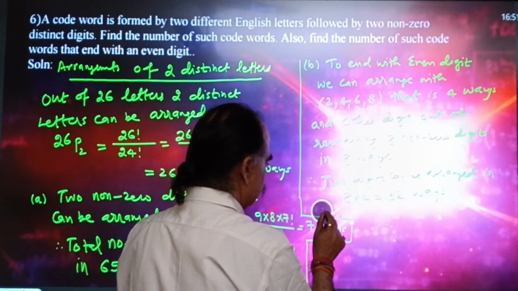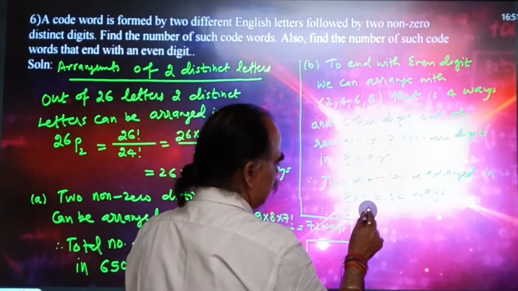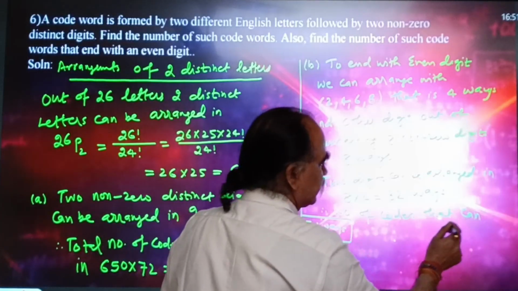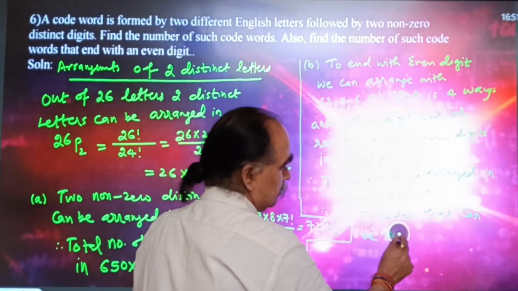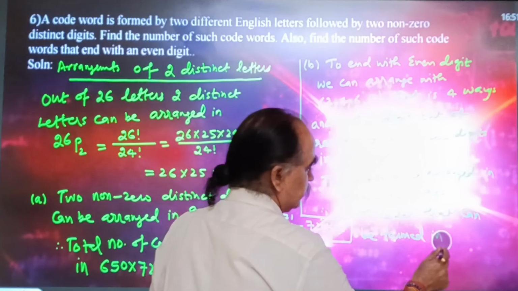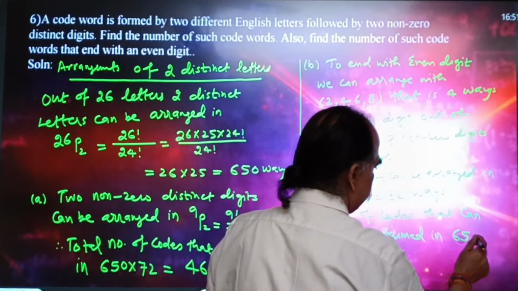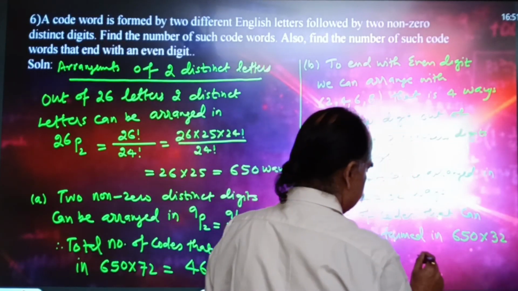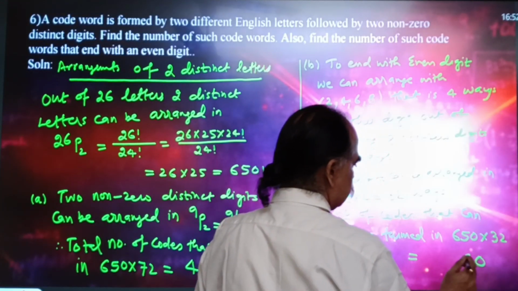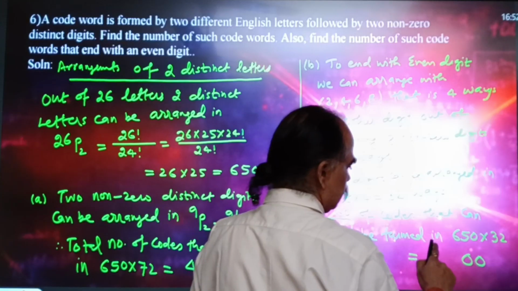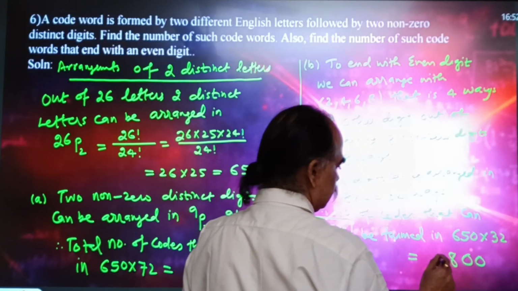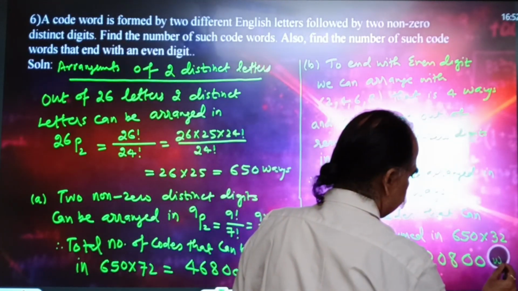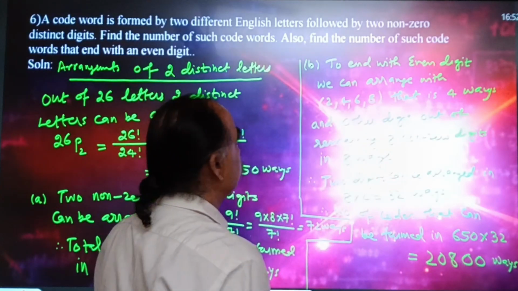Therefore, the number of codes that can be formed is 650 into 32: 650 ways for the 2 letters and 32 for the digits, which is 20,800 ways. So many codes we can form.